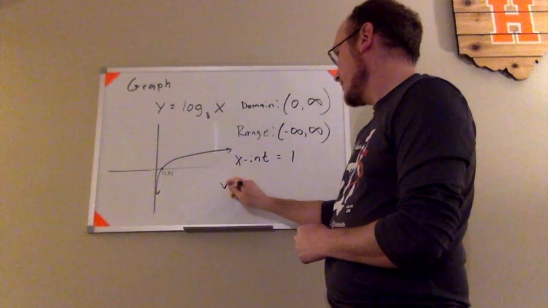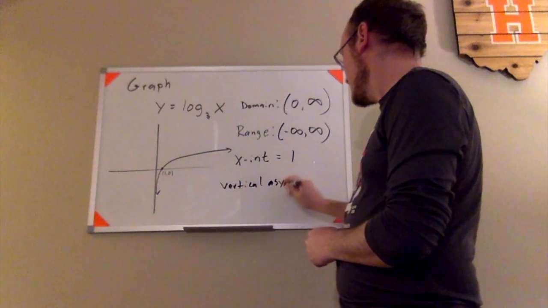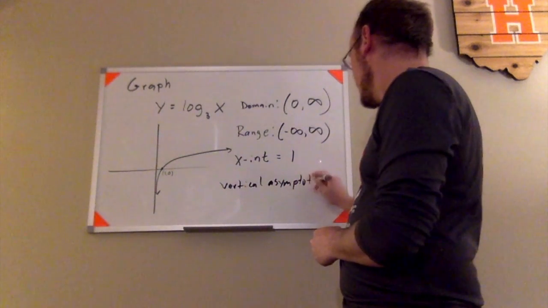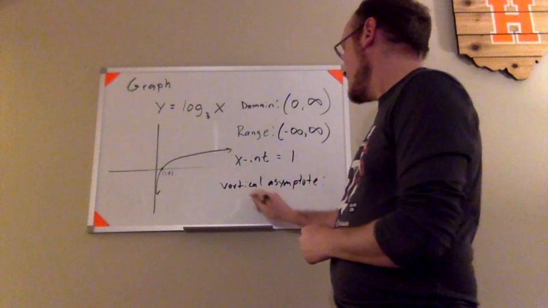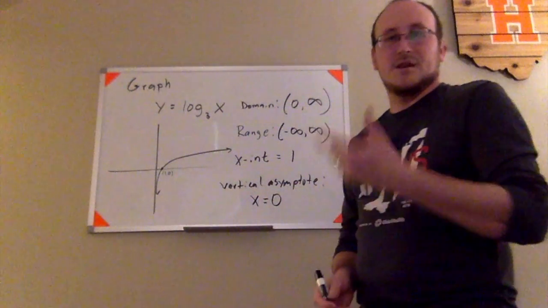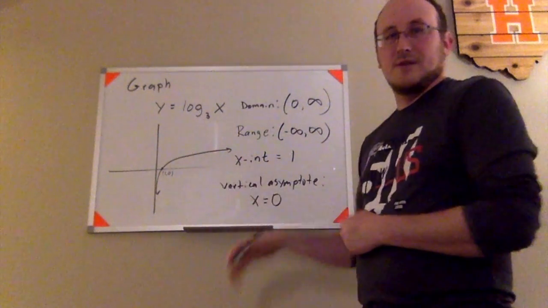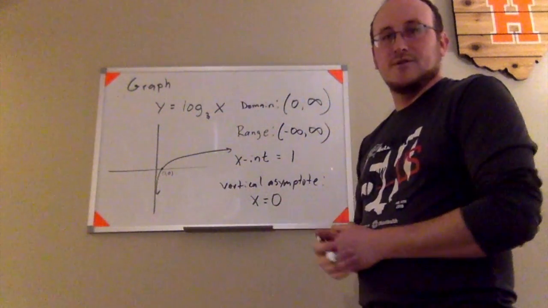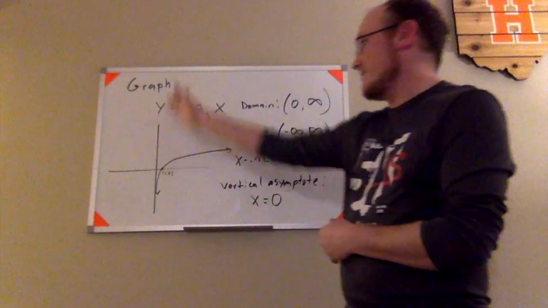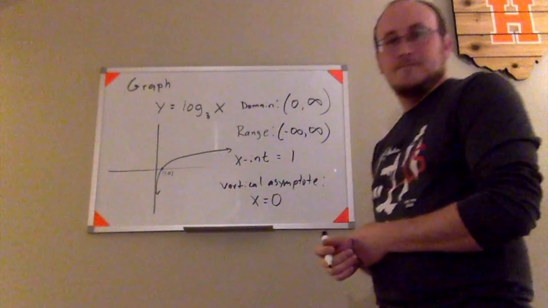So the vertical asymptote would be x equals 0. The horizontal asymptote for the exponential functions that we were dealing with before was y equals 0. Now we've switched y and x for the inverse, so now we have x equals 0. We have that vertical asymptote line that the graph is approaching right there.